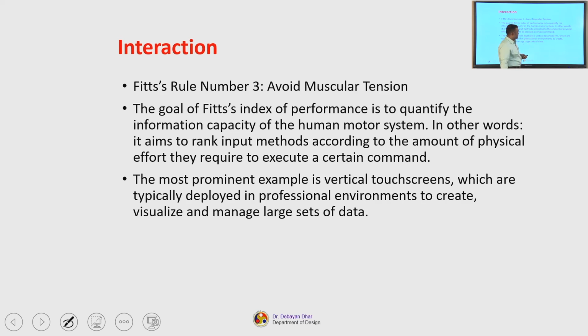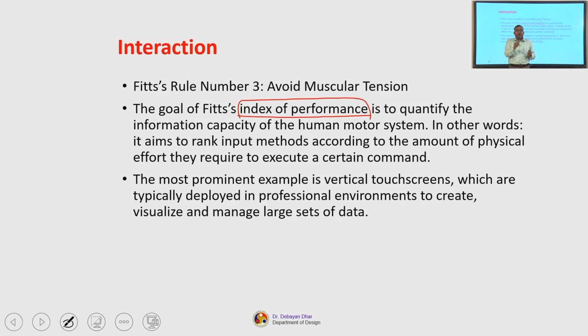Fitts suggests this index of performance, it actually provides you a quantitative aspect of the information capacity of the human motor system. And what it means is that it aims to rank input methods in terms of the amount of physical effort they require to execute a certain command.